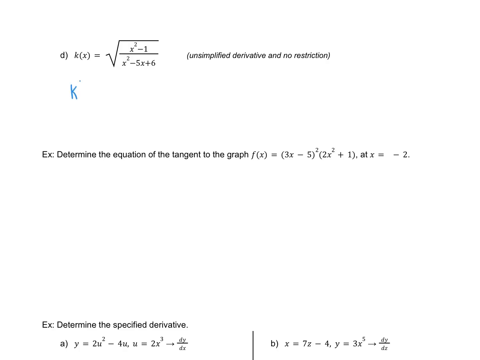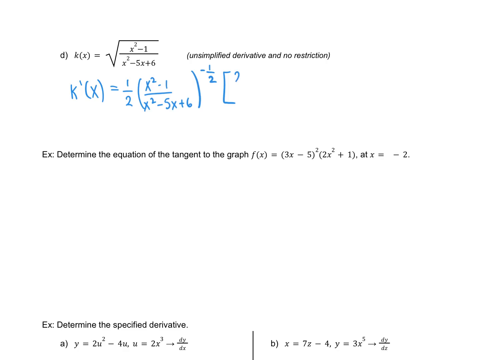For k of x. So similar idea, but we're going to have the chain rule and then a quotient rule. So bring the 1/2 down, copy paste the inside. Now it's to the power of negative 1/2. And now we'll do a quotient rule.